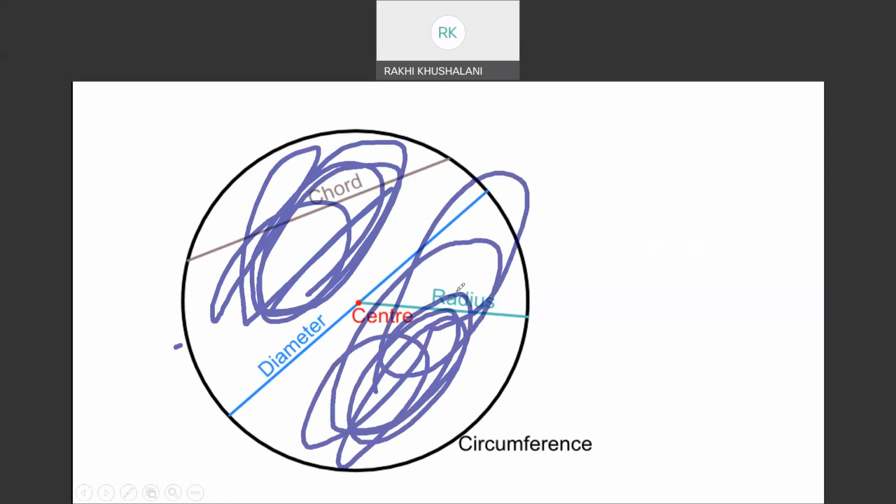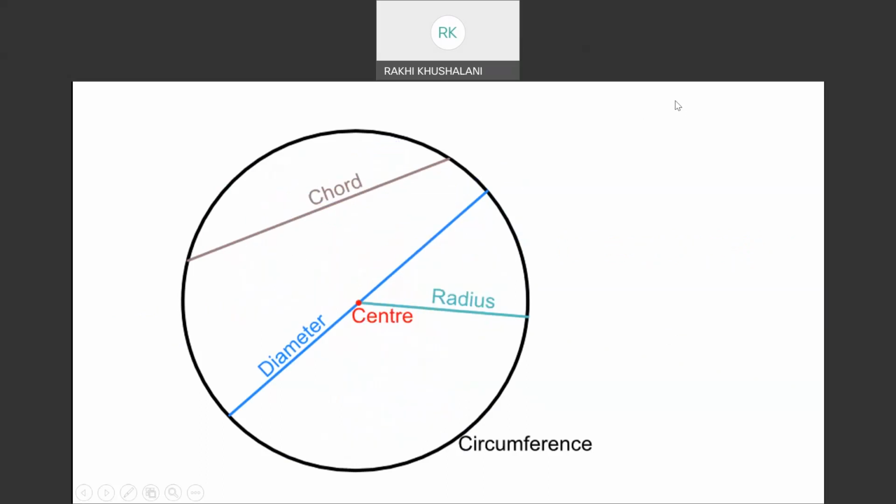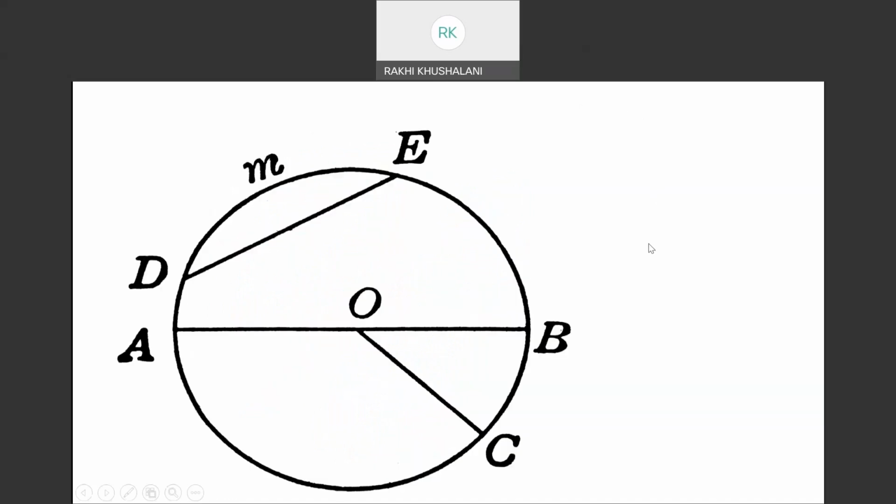And of course, circumference is the distance around the circle, or you can also call it the perimeter.